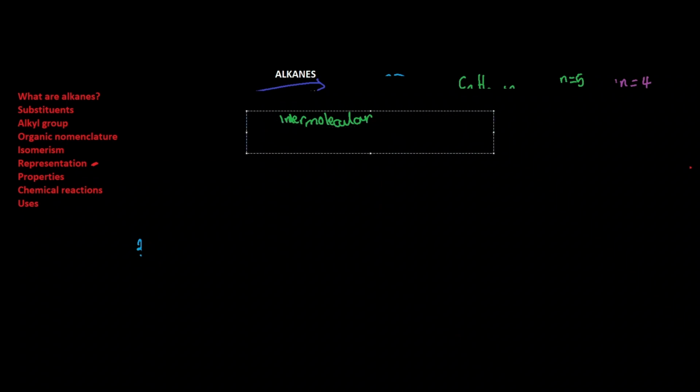Now the next thing we want to consider is the chemical reactions that alkanes undergo. When we started out with alkanes, we stated that alkanes are saturated hydrocarbons, and I also explained that this means that they cannot take in more than they already contain. They cannot undergo addition reactions, and if anything needs to be added, something would have to be taken away in order for it to be replaced by another.